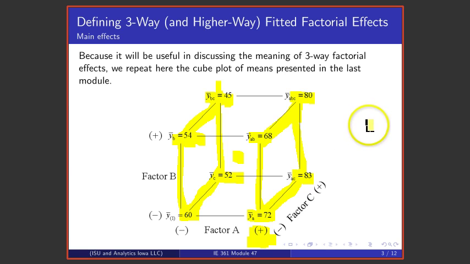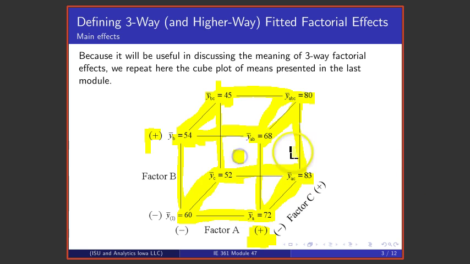I wanted to talk about the main effect of factor B at its second or high level. That would be a top face average minus a grand average. The main effect of factor B at its low level would be a bottom face average of the y bars minus a grand average.